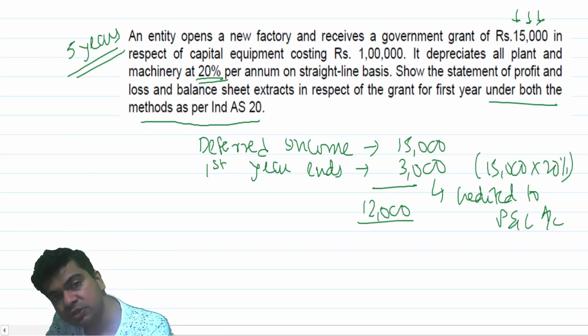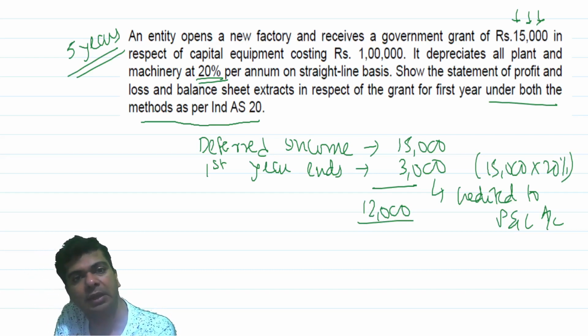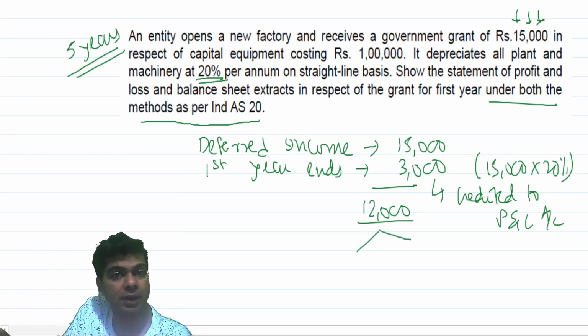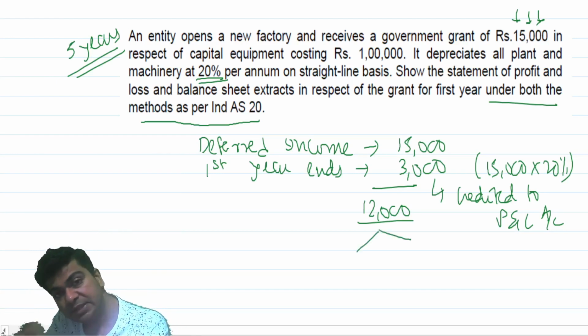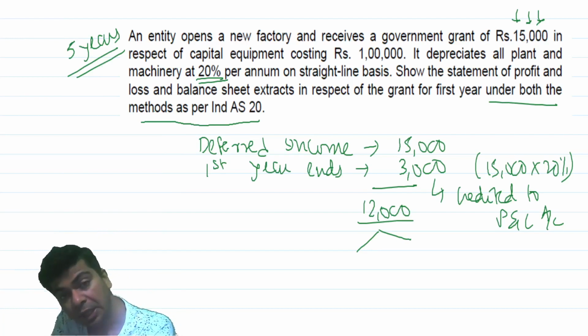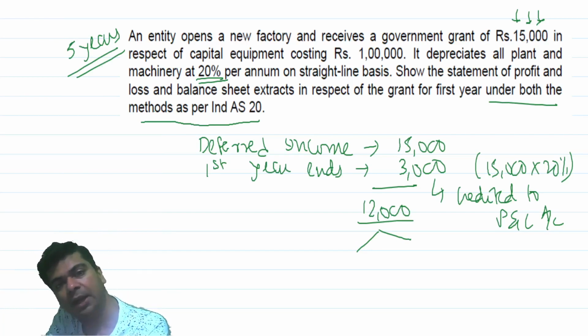How to show this 12,000 in the balance sheet? Because they are saying that you prepare a balance sheet extract. How shall I show this 12,000 in the balance sheet? This has to be split into current and non-current. See, this deferred income that you are showing, it is actually a liability. It has to be shown as a liability in your balance sheet. In liabilities, we know we have heads of non-current liabilities and current liabilities.